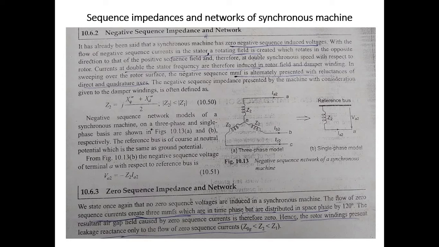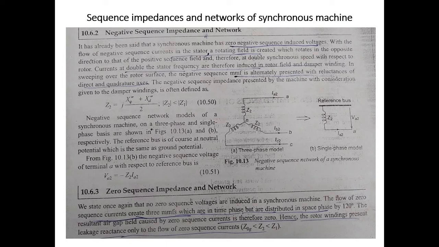If we convert this three-phase model into the single phase model, it will be Z2, and voltage is applied across Z2, and the reference bus is nothing but the neutral bus. Current Ia2 is flowing through phase A. And the relation between the negative sequence impedance and voltage is Va2, that is negative sequence voltage, is equal to minus Z2 into Ia2. That is, it is the multiplication of the negative sequence impedance and negative sequence current.